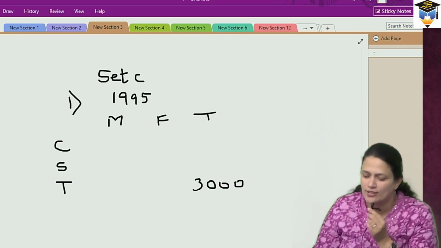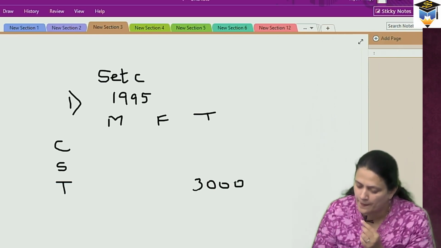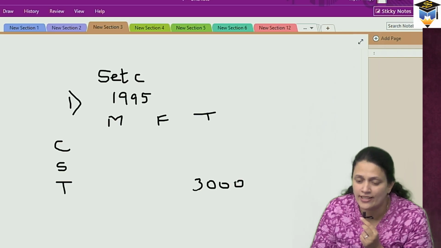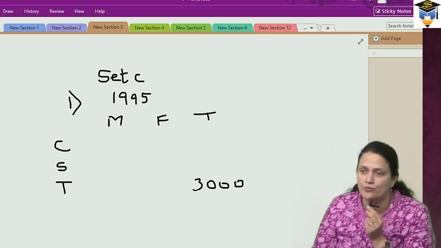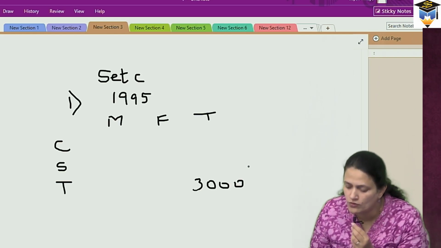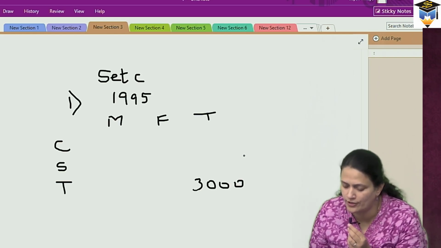This is already given to us. Then what else is given? 70% students are male. So 70 upon 100 into 3000. What is the answer? 2100.